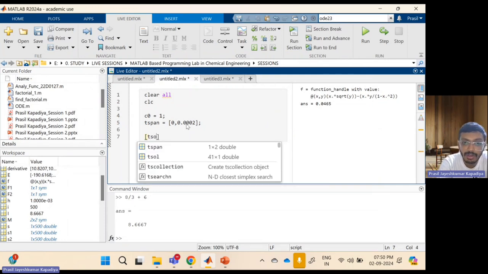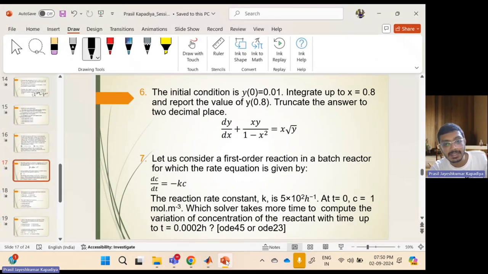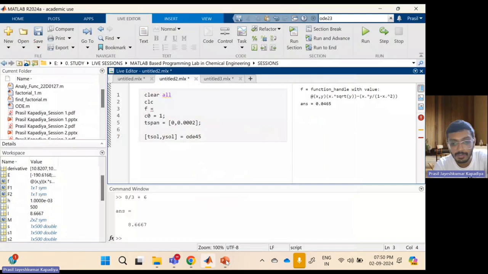Now I will write down my equation: t sol, y sol is equal to ODE45. Here I need to write down my function. So I will write f is equal to, what is my function? My function is minus k into C, so minus 500 into C. So my function is equal to @(t,C), minus 500 into C. Correct?